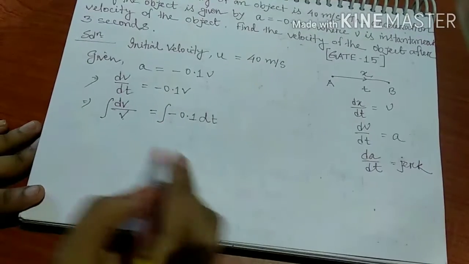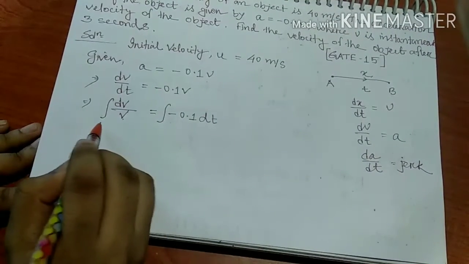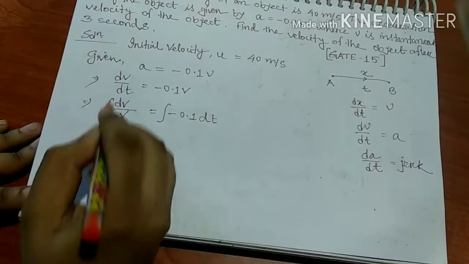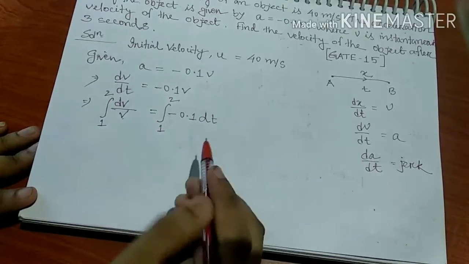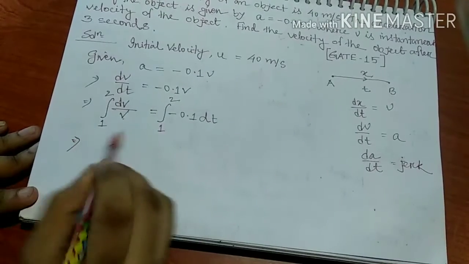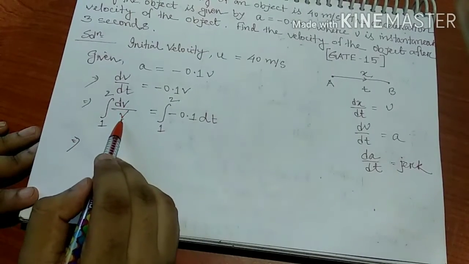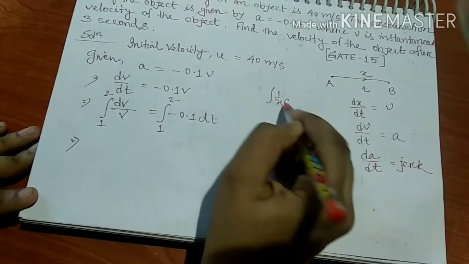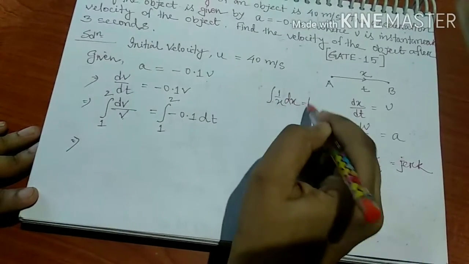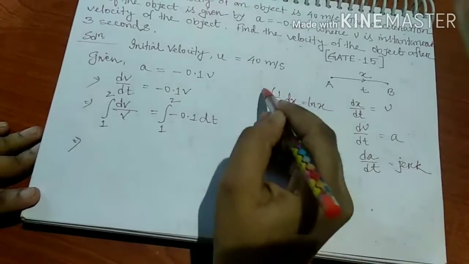So we will integrate from the initial to the final position. What is the integration of 1 by v? The integration of 1 by x dx is simply ln x.